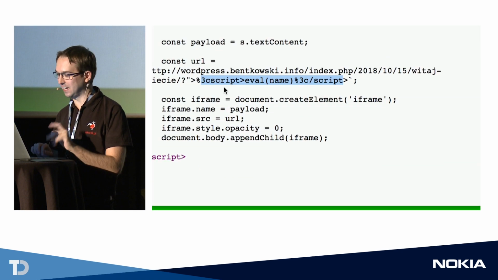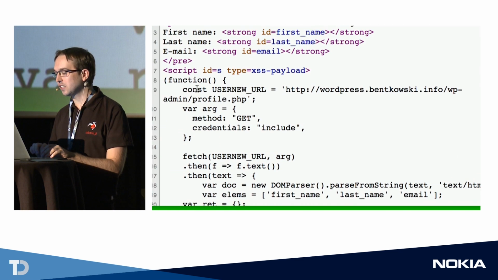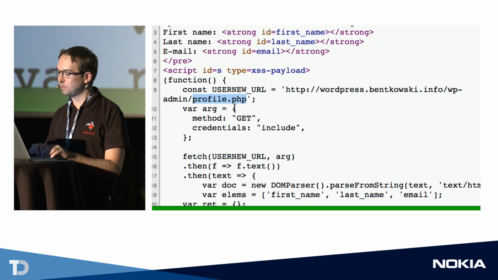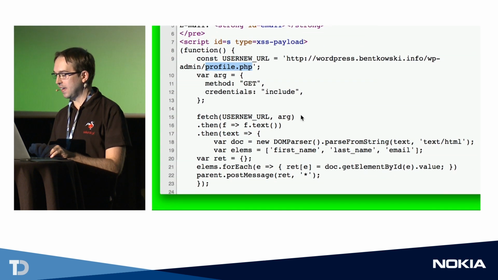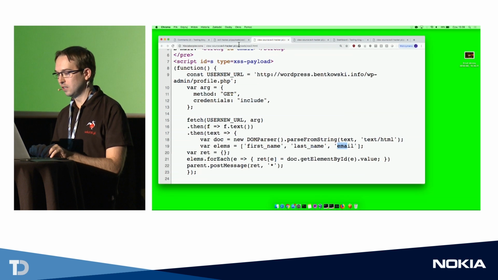It looks exactly the same. However, the code that gets executed is a little bit different. Now I'm pointing to the profile PHP page, and I just parse the page, and I am getting the first name, the last name, and the email from the page, so I can steal that.